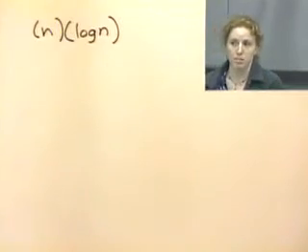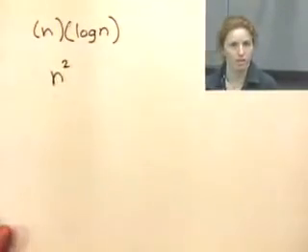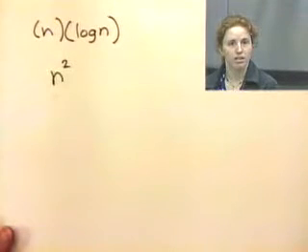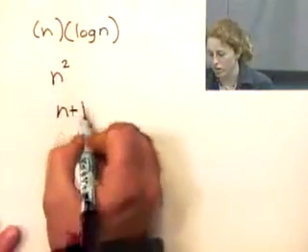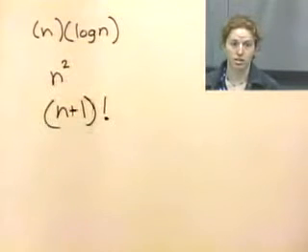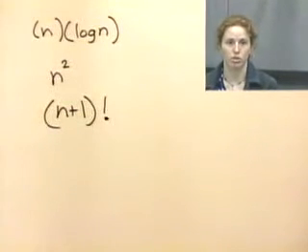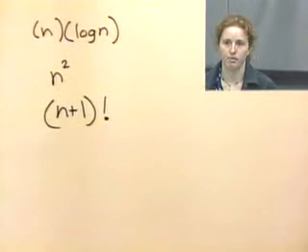You can even leave some constants, right? I can leave these kinds of constants, like up in the power. And I could even leave this; it would be an acceptable big O also, because n plus 1 factorial is significantly bigger than n factorial, right? So I wouldn't necessarily drop that plus 1.